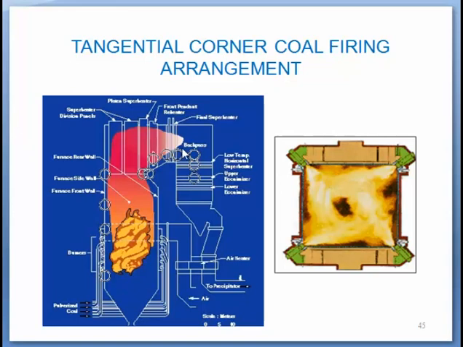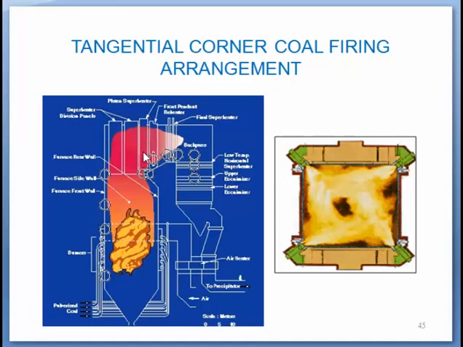The dry saturated steam which is being separated in the boiler drum is further sent through the different superheaters, and finally we are getting main steam, as we discussed earlier, at 540 degrees centigrade and 150 kg per centimeter square.